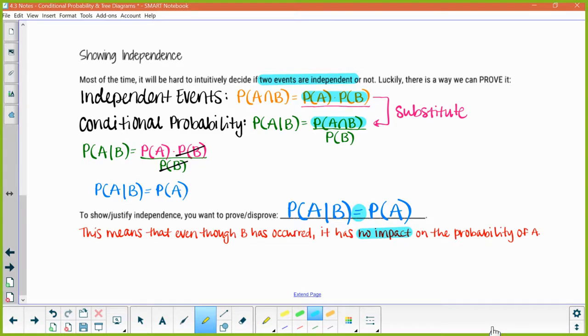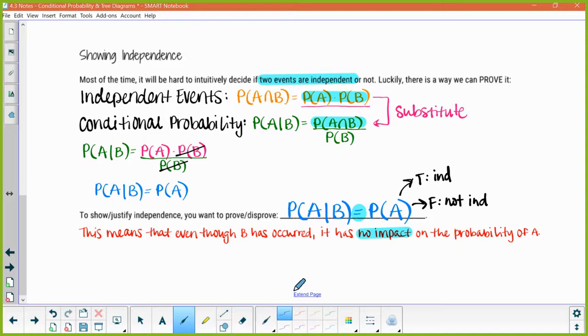That indicates that we have independent events. So if this ends up being true, they're going to be independent. If it ends up being false, they're going to be not independent. So basically, if you can prove that these two things are equal to each other, you have independence.